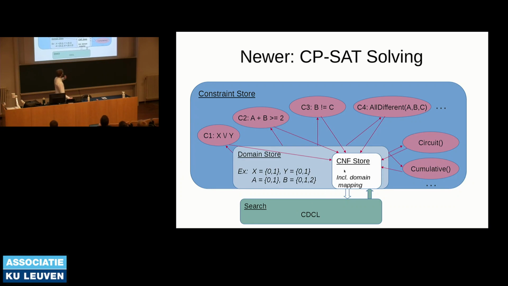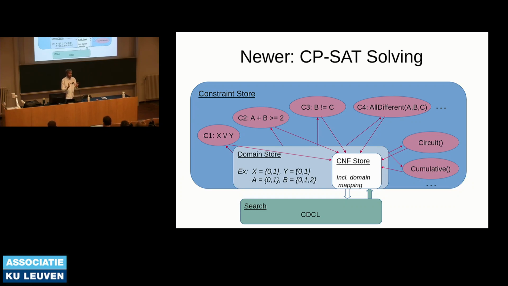Now, just a short highlight. Within the CP community, for let's say 5 to 10 years, we have this new family of solvers that has appeared. Lazy clause generation solvers is one name of them. CP-SAT is how OR-Tools calls it. It's actually a hybridization between CP solving, so this domain store with individual propagator concept, and SAT solving, namely this CNF store concept.